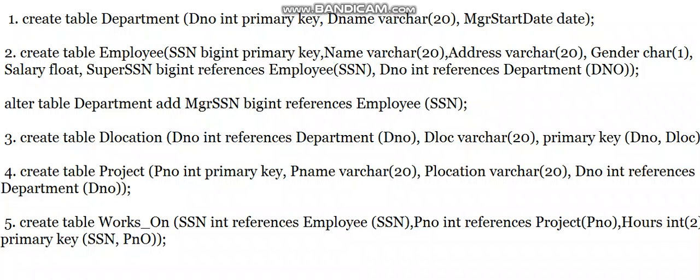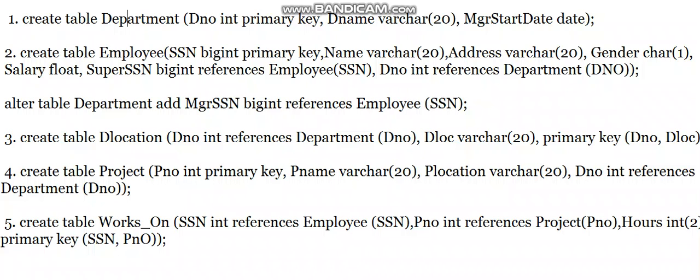There has to be a change in either the SSN or the project number. He can work on multiple projects, but only one value should be inserted for each. We'll see how we can insert the values. So this is how we can create our tables.